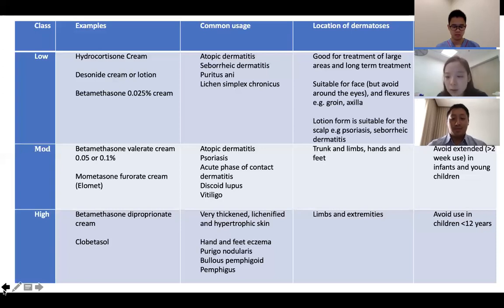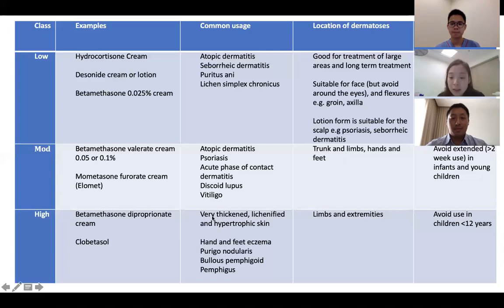So we usually use things like Protopic and Elidel for the eyelids, the face, or the genitalia where we don't want to use too much steroids. But they are quite expensive also. They're about $70 for a tube. So you might want to be careful about using it because it's quite expensive and you may not really know whether you're treating the right thing, for example.